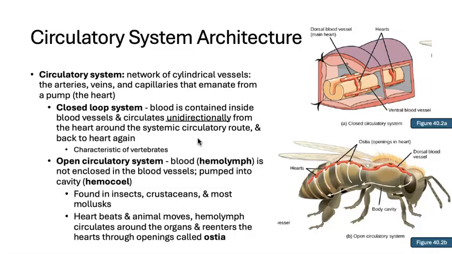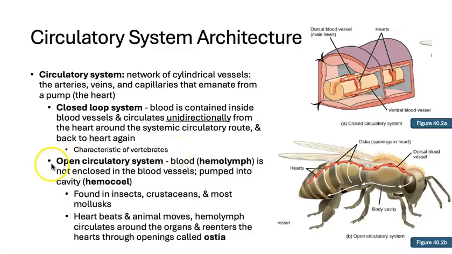We take it through our systemic circulatory route, meaning it's going to all of the blood vessels that supply our organ systems. We give off those nutrients, pick up the waste products, and then we're going to use our veins to travel back to the heart again. And this cycle will continuously take place. So this is a characteristic of vertebrates.